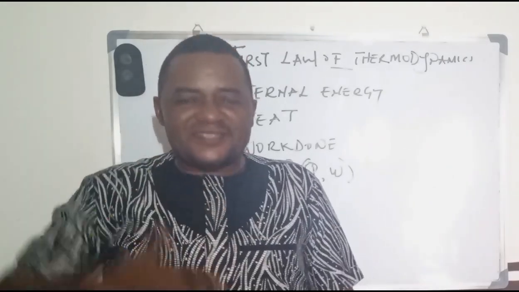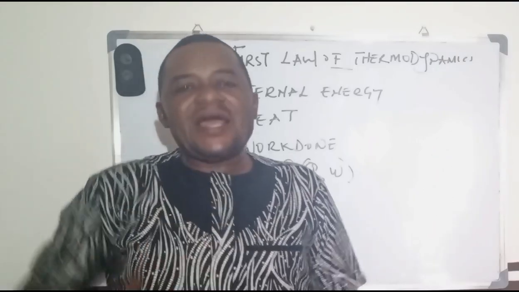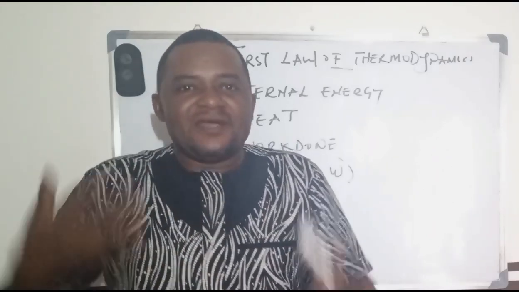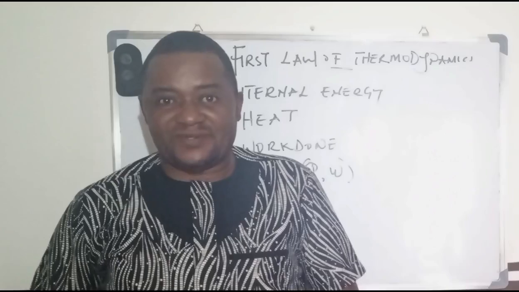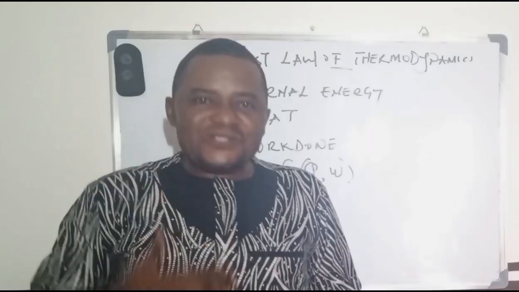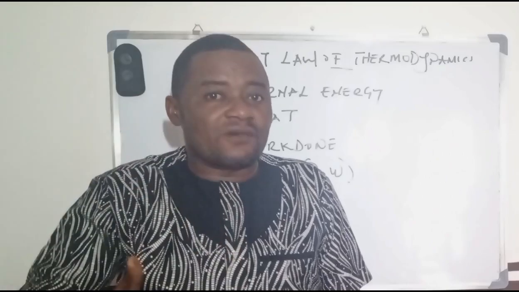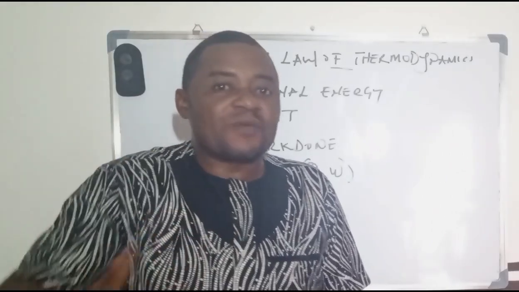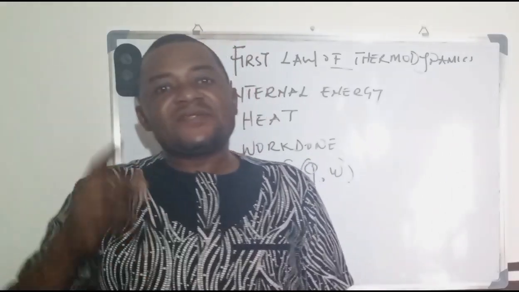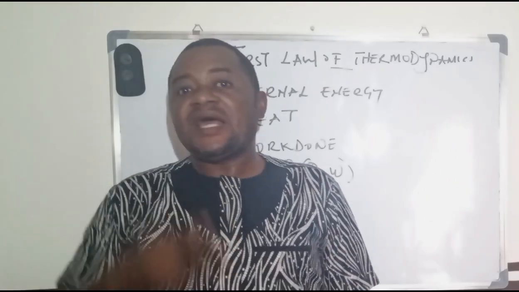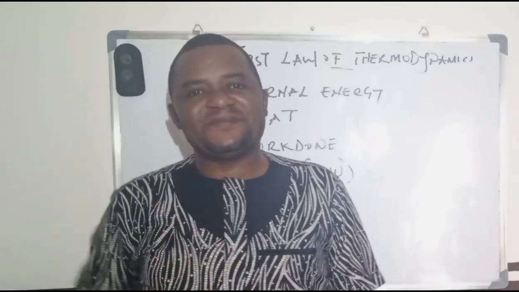If my internal energy is being reduced by the way I am spending energy, then it means that much of the energy is leaving me into the environment. In that way, the work done is rather favoring the environment. Therefore, work done is negative for the system and positive for the environment.